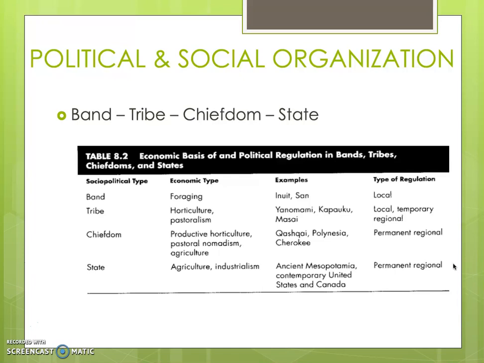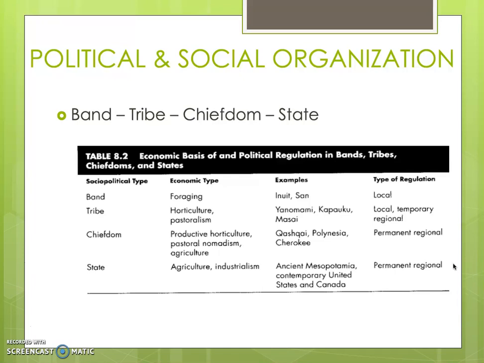When we move up a step in complexity to a chiefdom, this is when we get to the economic type of productive horticulture, pastoral nomadism, not the very local nomadism of the Nuer, moving from low ground to high ground, but more nomadic peoples who move over hundreds or thousands of square miles over the course of a year or a number of years.